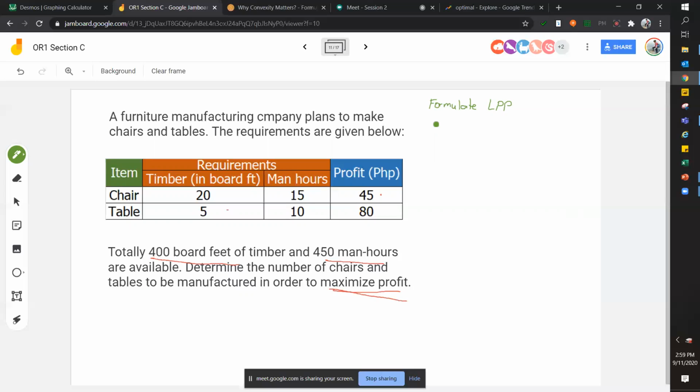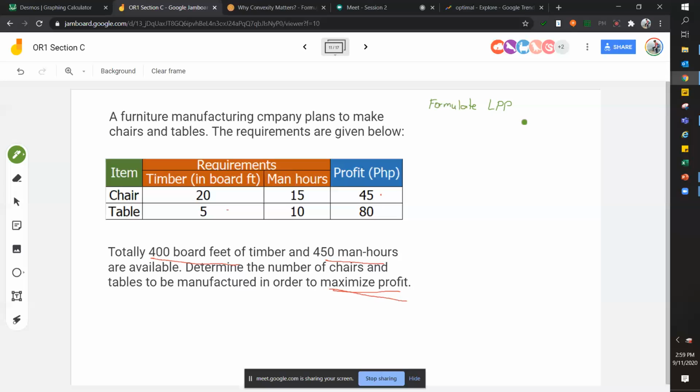I want you to understand yung data na provide sa inyo. May nakita kayong problema sa data? Wala? Okay. Kung wala, I'll just solve it.